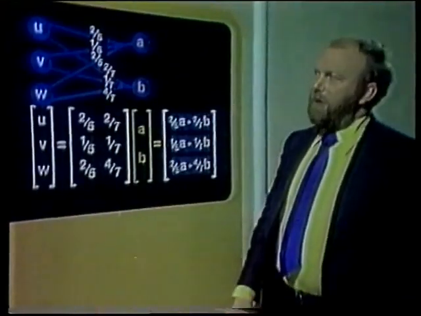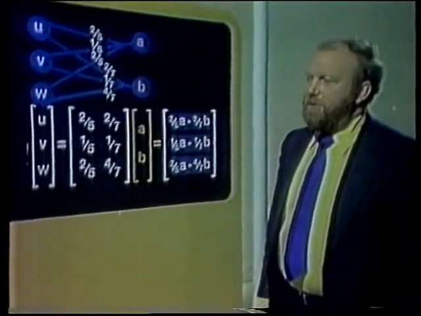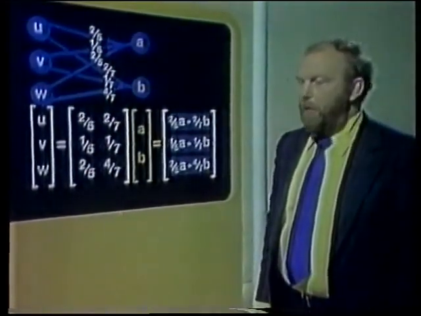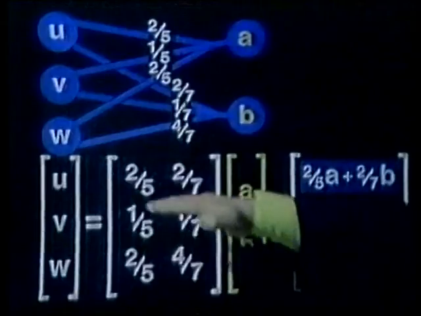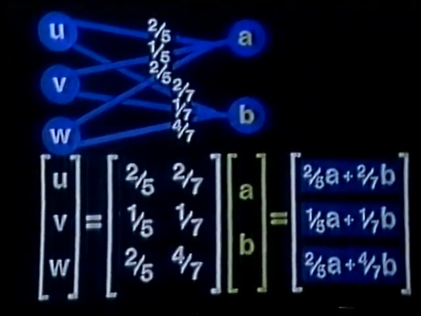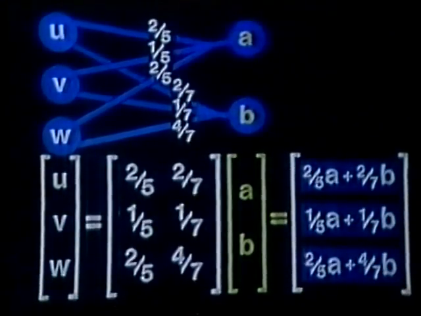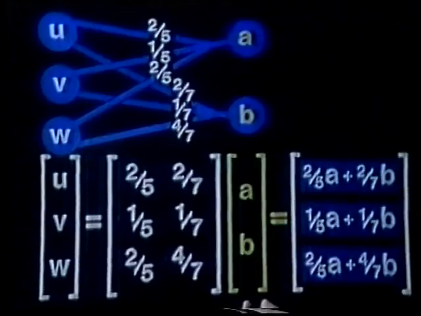That's exactly what Lanz was doing when he was looking at the action of a network on an input. You see, when I showed you how to interpret this matrix representation, I said the values of U, V, and W were given by acting with each row on the column of inputs AB to give these three values. Well, the column AB is a matrix.